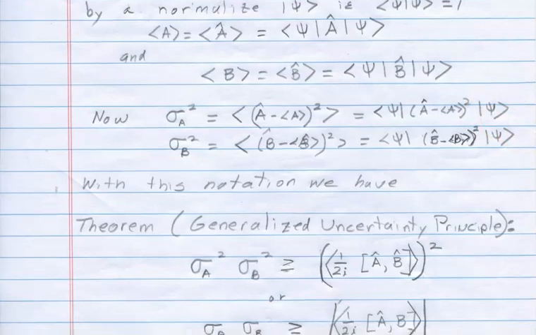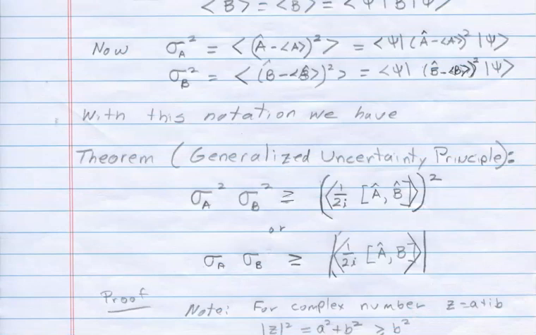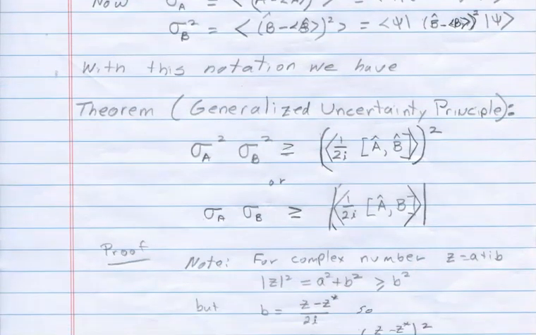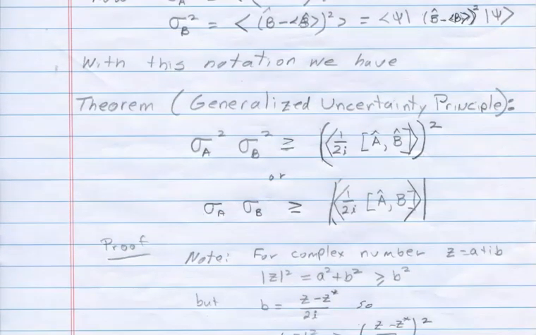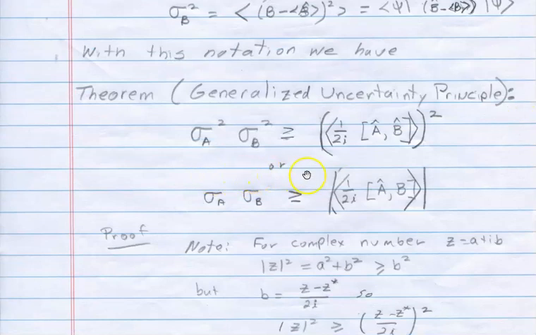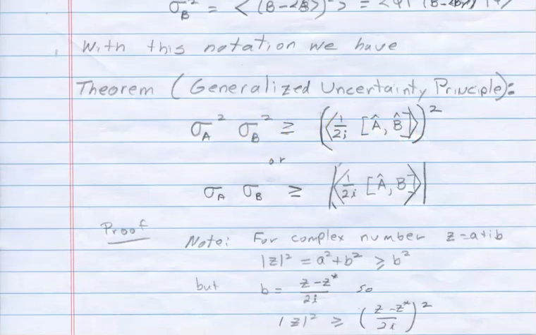In any event, with this notation we can make a statement of the generalized uncertainty principle. This is the form I think your book uses, which is not my favorite form, but I'll use it so that we match up with the book's notation a little bit.